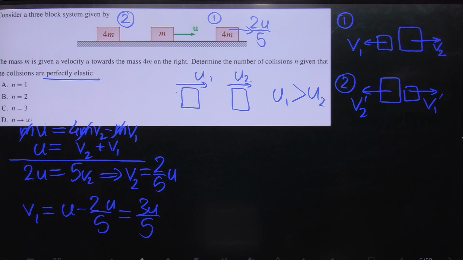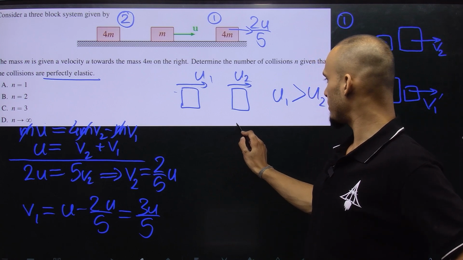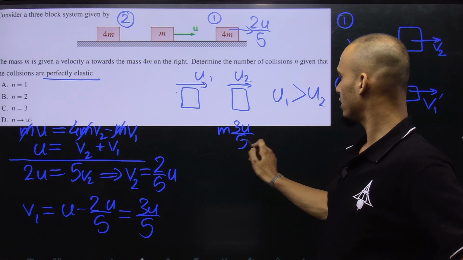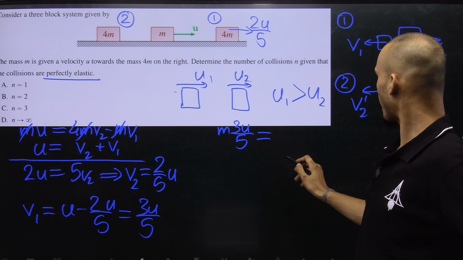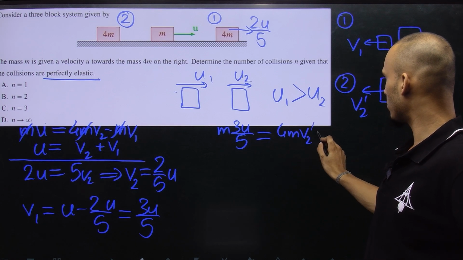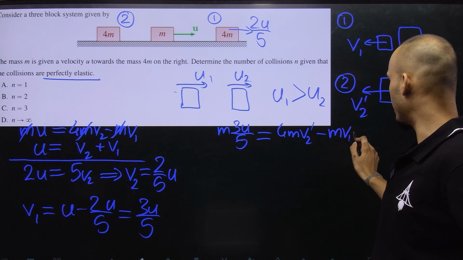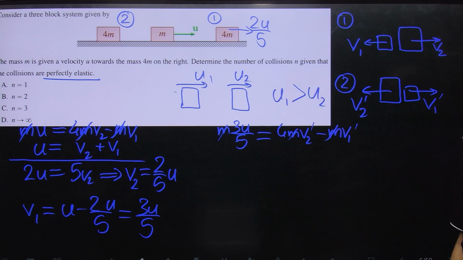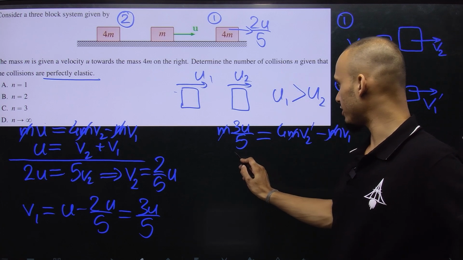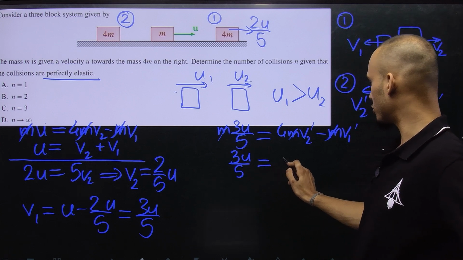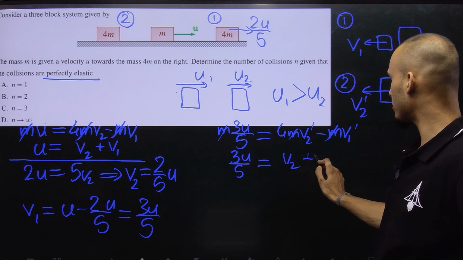Now, conserving momentum, once again we get m into 3u by 5 equal to 4m into v2 dash minus m into v1 dash. Once again, m will get cancelled from all sides, and for a perfectly elastic collision, the velocity of approach, 3u by 5, should be equal to the velocity of separation, that is v2 dash plus v1 dash.